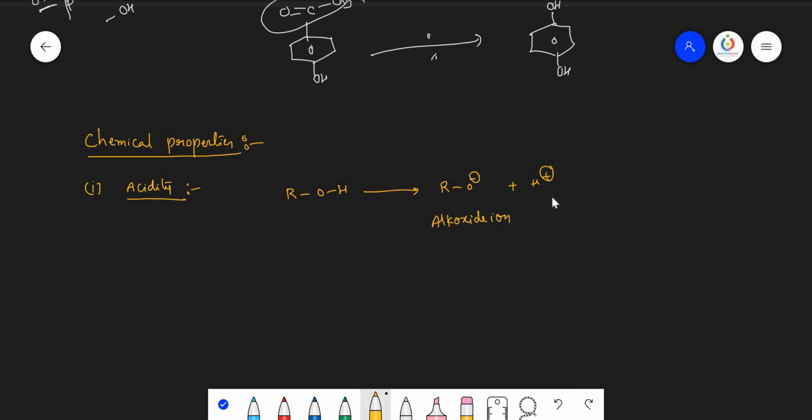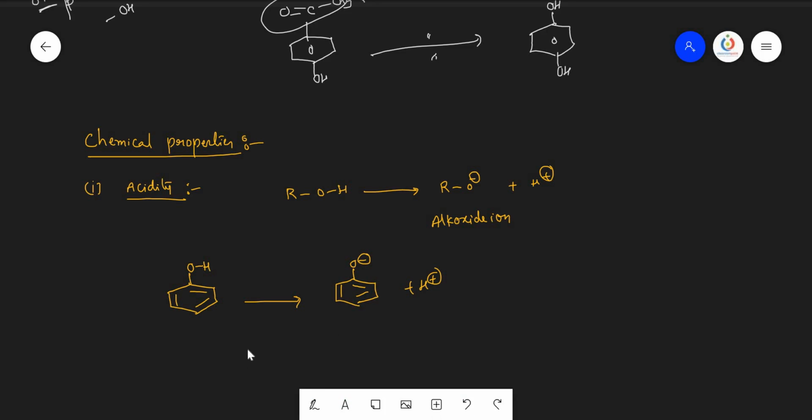So any compound acts as an acid whenever its anion is stable. Now let us take the phenol. And it loses H plus ion, plus H plus ion.